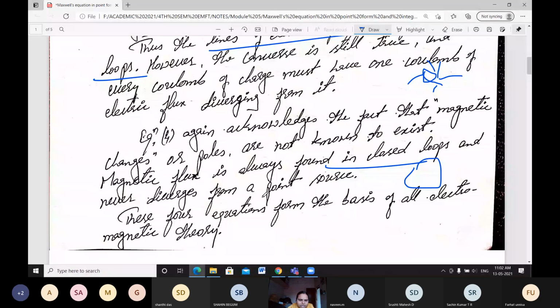It will never diverge from a point; it will act in its own way. That is what is meant here: magnetic flux is always found in closed loops and never diverges from a point source.